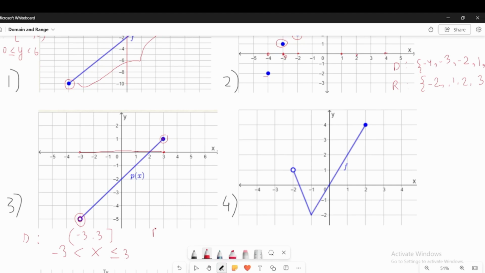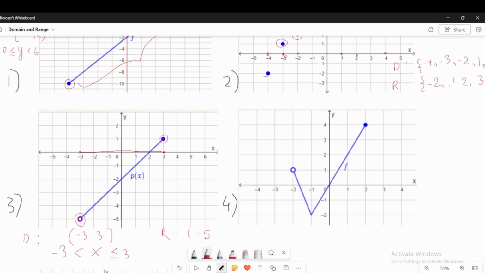Now, if we talk about the range of this function, so again, please check from where to where the y-axis is going for the graph. So if we see here, let's plot it on the graph. It's going all the way from -5 to +1. That means this is going to be our range. So range is going to be -5.